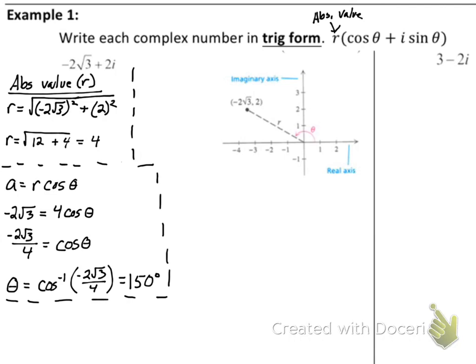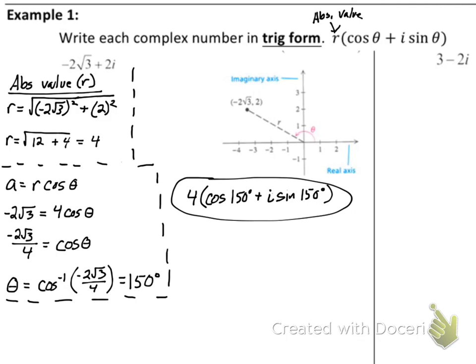So now I have theta, I have r, that's all I need. I just need r and theta. So we are going to say r is 4, so we're going to have 4 times cosine of our theta, which is 150 degrees, plus I times sine of 150 degrees, and now that's in trig form.